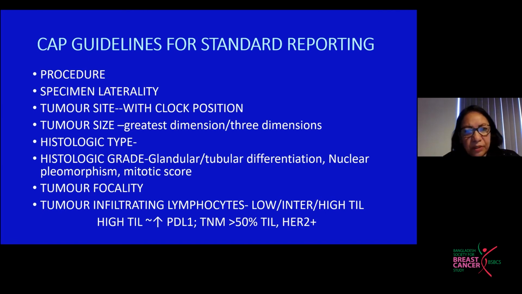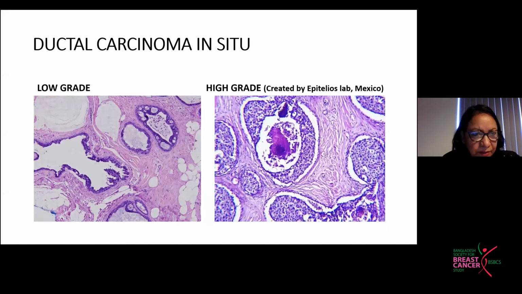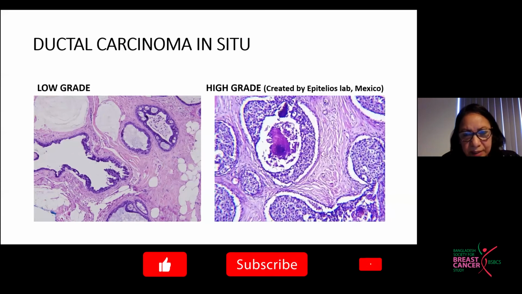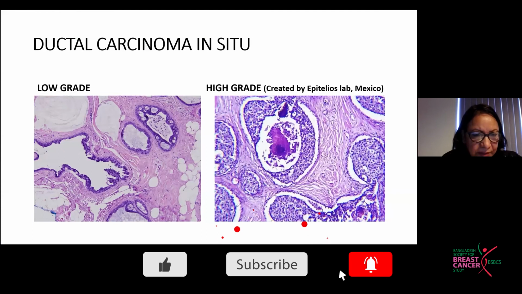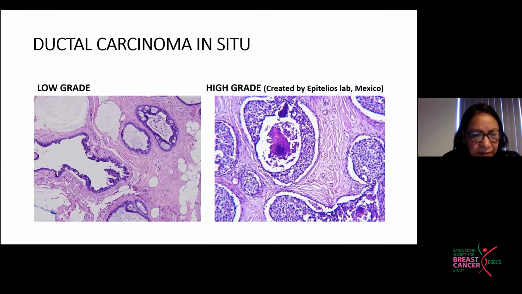This picture shows two very beautiful pictures of DCIS. One is very low grade and the other one is a high grade one. The low grade one on the left side, we can see it's of cribriform type, and the cells are very noble and not very aggressive looking.